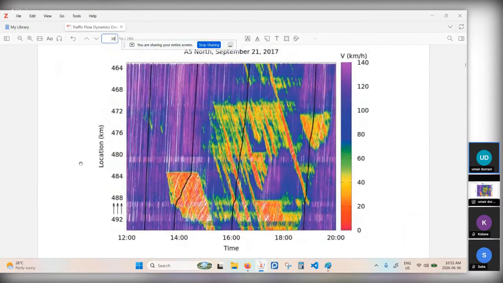In some cases, for example here, which is very exaggerated, we see relatively smaller slope values of these trajectories, which tells us that this is where the vehicles have slowed down. We can also confirm that by looking at the speed color here. Red represents stopped vehicles or very slow vehicles.